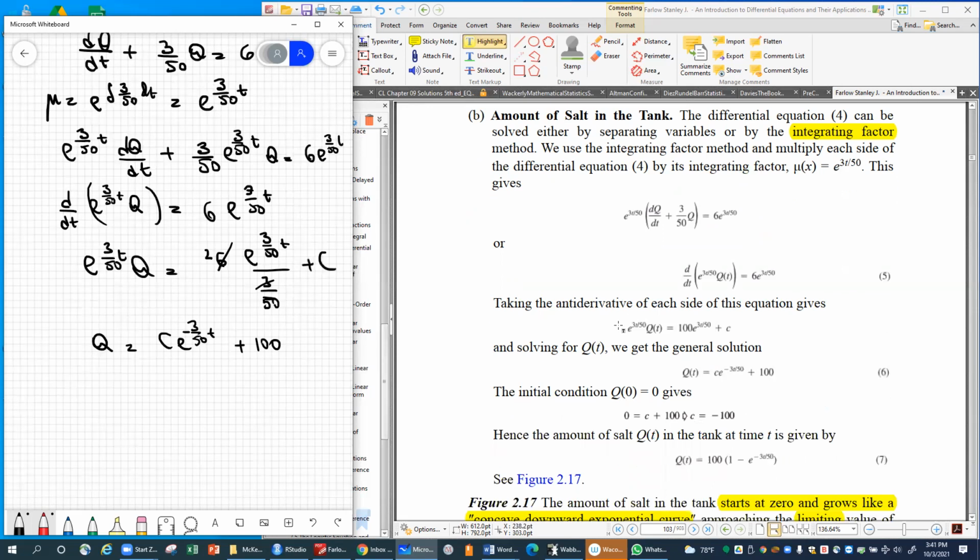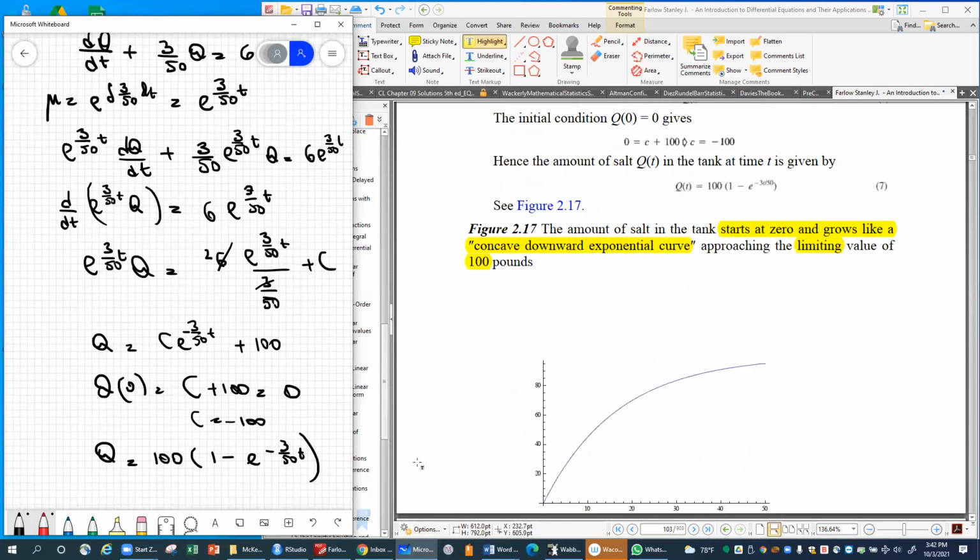Okay. And then we have to figure out the initial conditions. So Q at time 0 is C + 100, but there was initially no salt, so C is -100. So you can rewrite Q as 100 times (1 - e^(-3/50 t)). So at time 0, you start at 0, 1 minus 1.